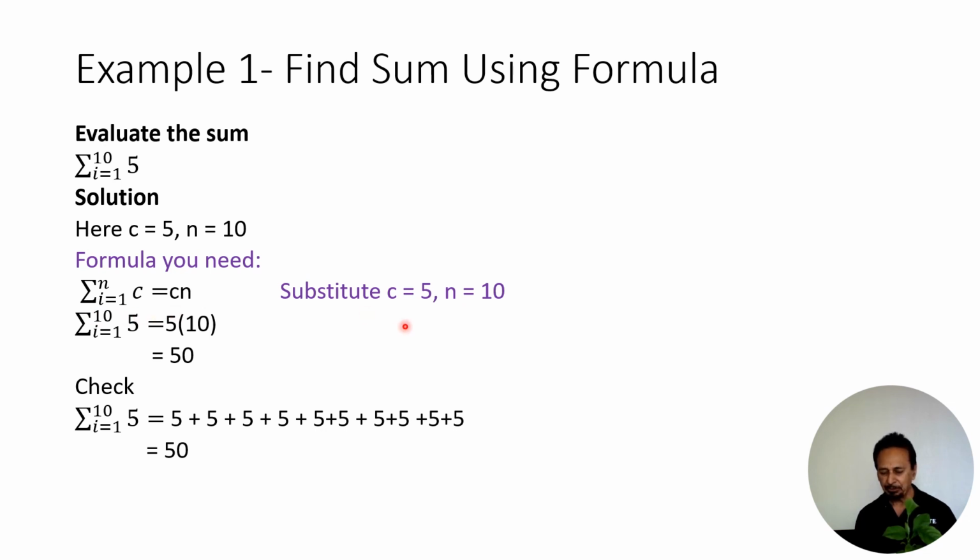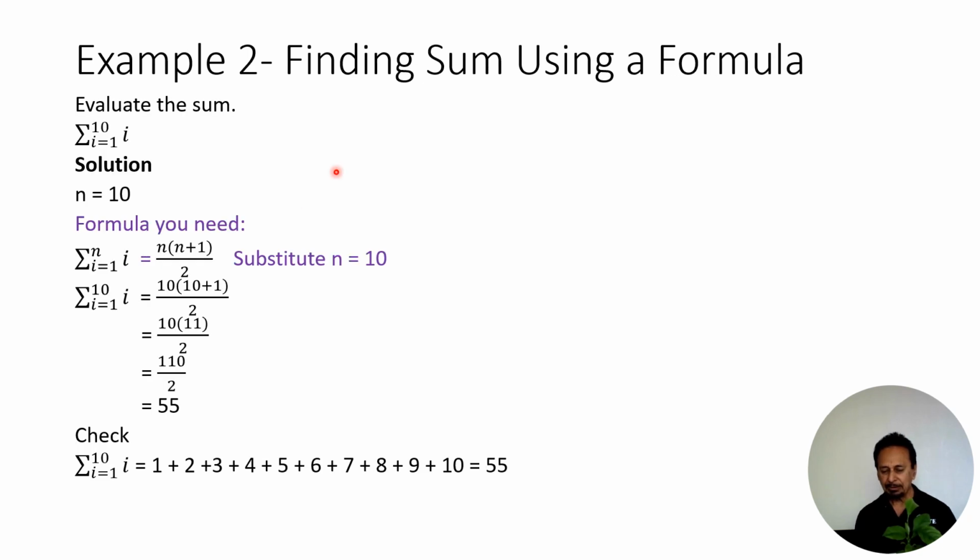We substitute c equals 5 and n equals 10, so we get 5 times 10, which is 50. You can check this: when i is 1 it is 5, plus when i is 2 it is 5, and so on. You write 5 ten times, and if you add all this you will get 50.